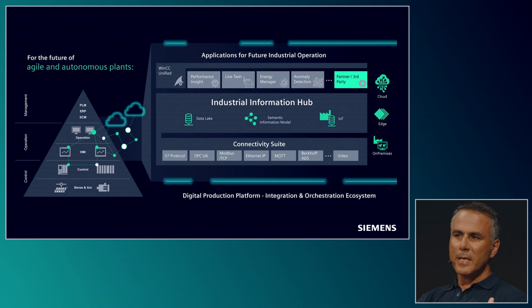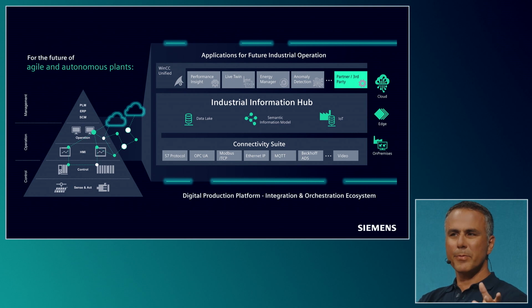Industry Information Hub creates an open ecosystem for agile and autonomous plants. Using semantic data models, you can capture production data from all around your enterprise to set the course for digitalization.